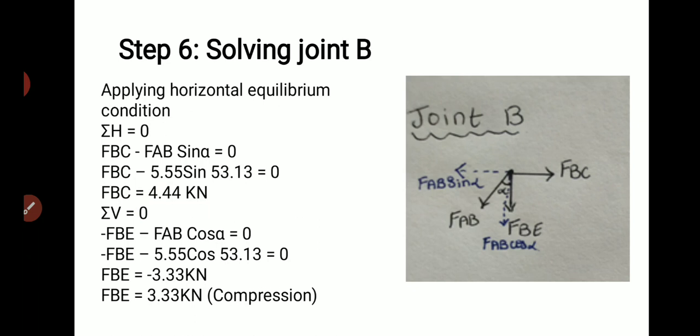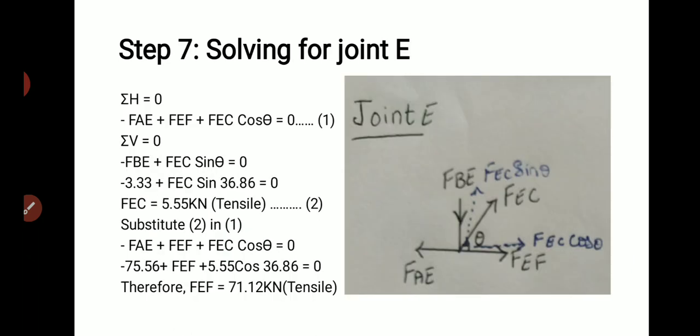FBE is unknown, FAB is known, and cos alpha is known. By using this, I can determine the value of FBE. I got FBE as minus 3.33 kilonewton. Minus represents that FBE is in a compression state.